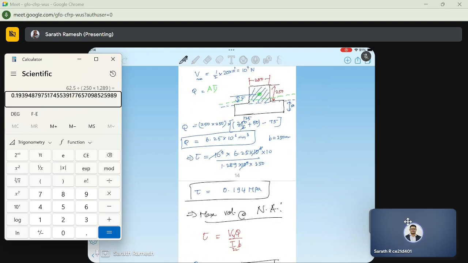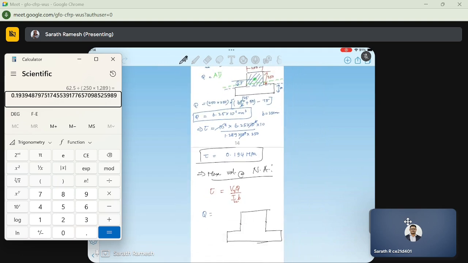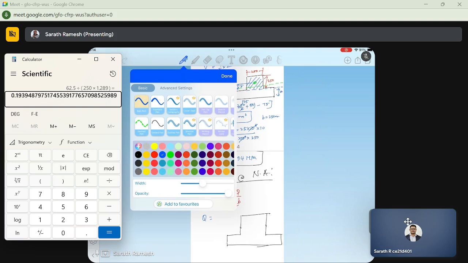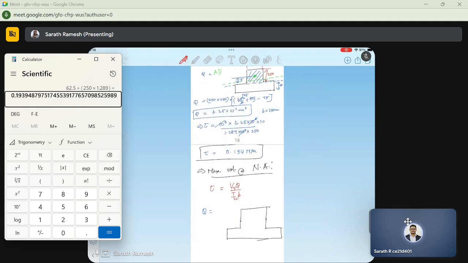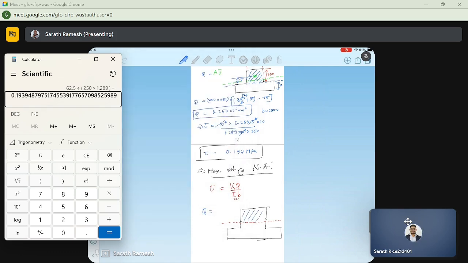My neutral axis is somewhere here, and I want to find the area moment of this area. Say the centroid is somewhere here.